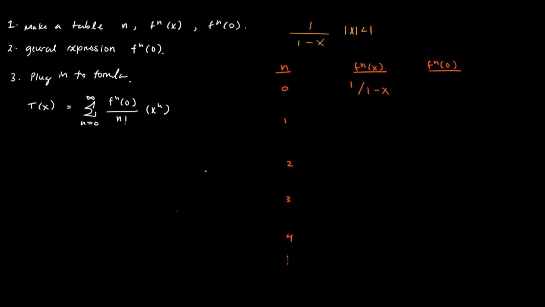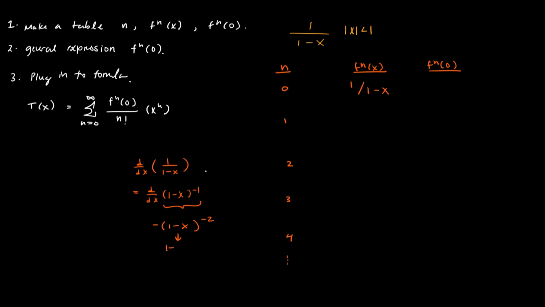But what's the first derivative? Well, the first derivative of 1 over 1 minus x is just equal to the derivative of 1 minus x to the negative 1. So by chain rule, the first thing we're going to do is just take the derivative of the outside and not touch the inside. So that's going to be negative, not touching the inside, 1 minus x to the negative 2. And now let's worry about the inside. So we have to multiply this by the derivative of the inside.